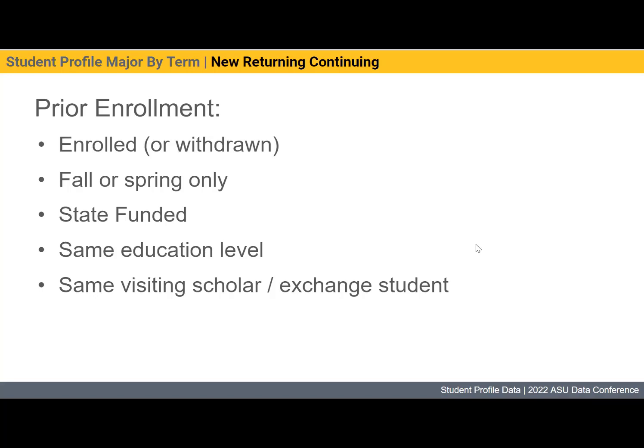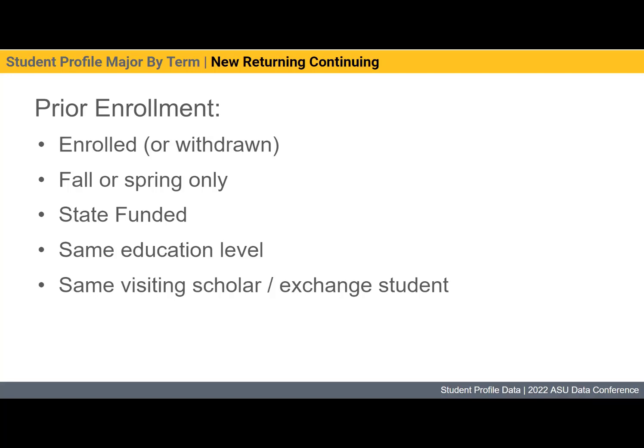We also have these programs for visiting scholars and exchange students. And the thing about that is they're not planning to graduate from ASU. They're in a degree program. They look like they're in that major, but we know from the get-go that they're not graduating from ASU. They're just here usually for one semester or 1 year. So all of those students get put in student groups, which then get flagged in student profile.